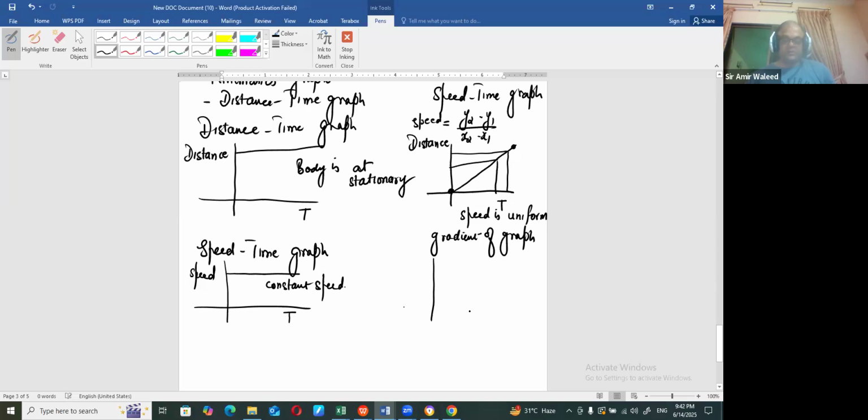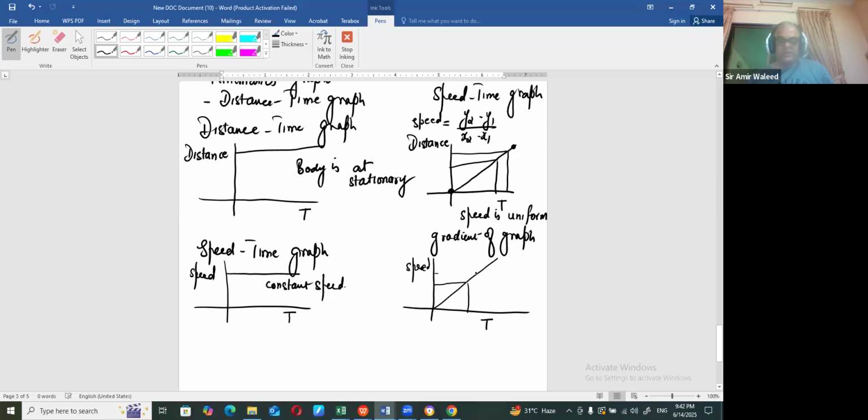What about that? What does it mean if the line is passing through the origin and going straight up? It means that the body has an equal change in speed in equal intervals of time.